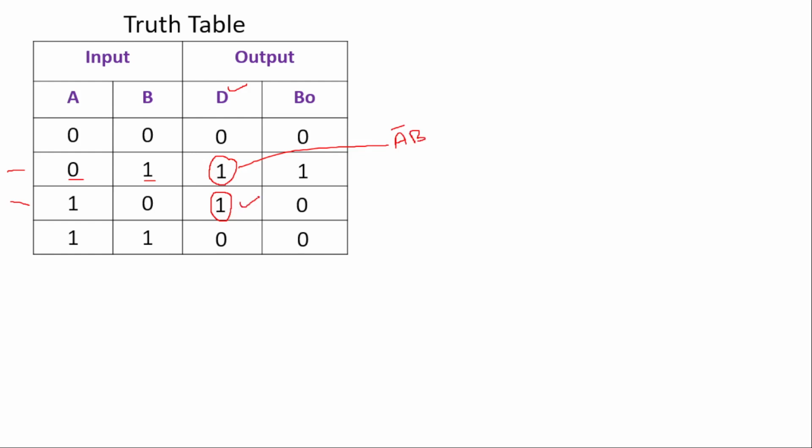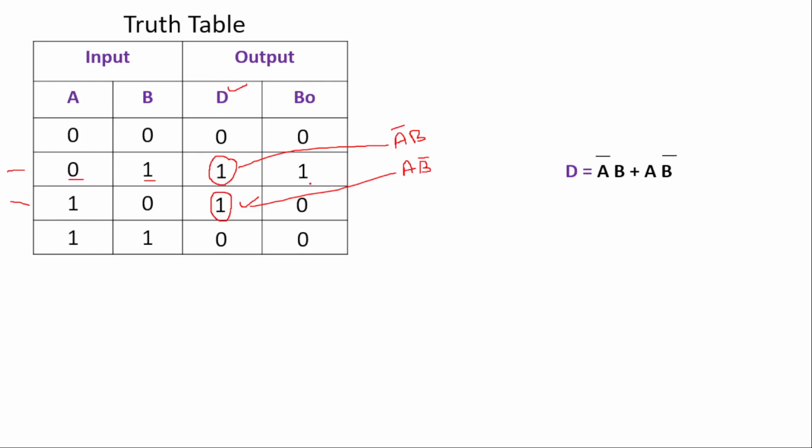In this row, A is having value 1, so it is taken as it is, and B has the value of 0, so 0 is taken as a bar. So B bar will be there. So two product terms, first is A bar B, second is A B bar. Sum of them is taken. So A bar B plus A B bar will be the value of difference, the first output.